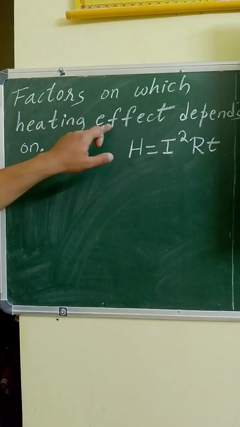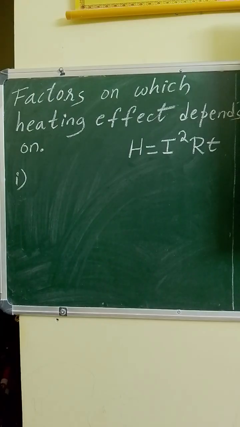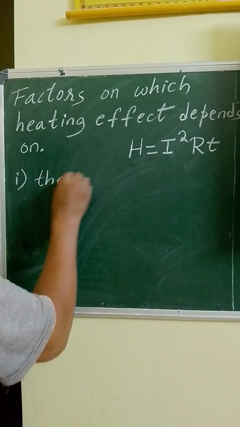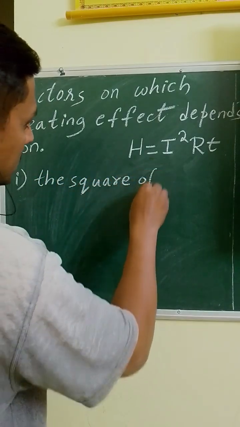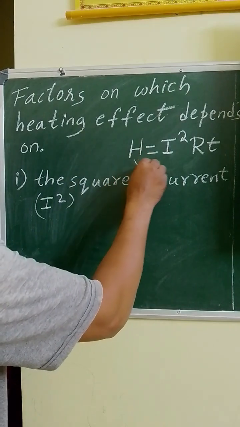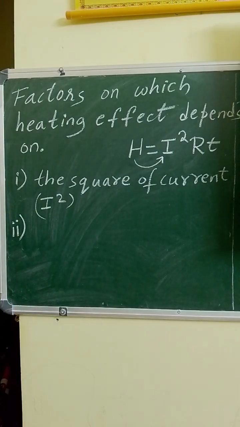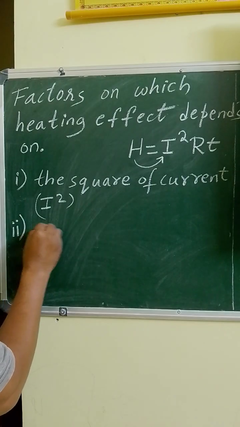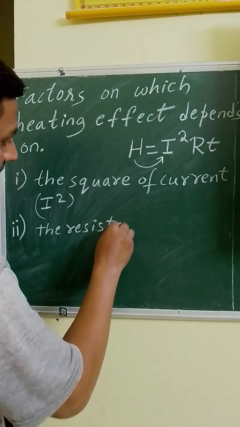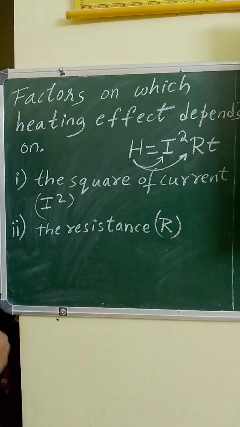Factors on which heating effect depends on, that is square of current, I square, and here resistance for a given current, R, and here time for which the current flows.